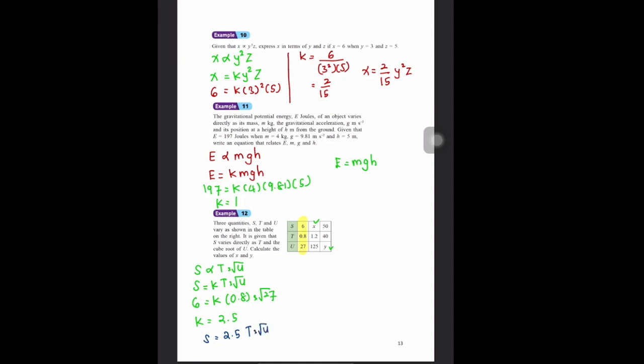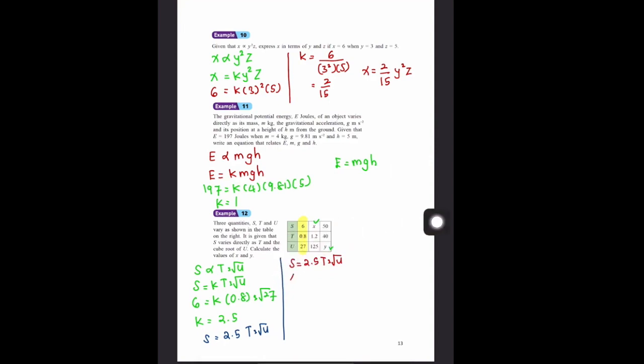Next, we want to find the value of x. By using this formula, S equals 2.5 T cube root of U. S is actually x.